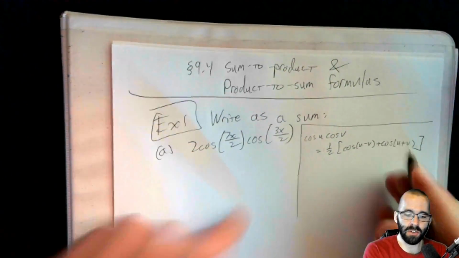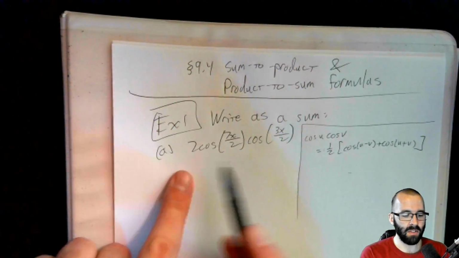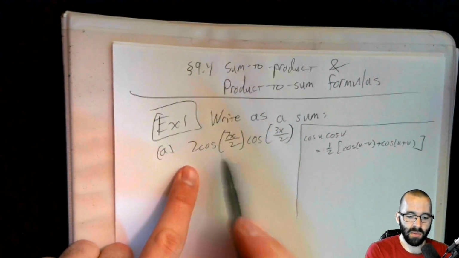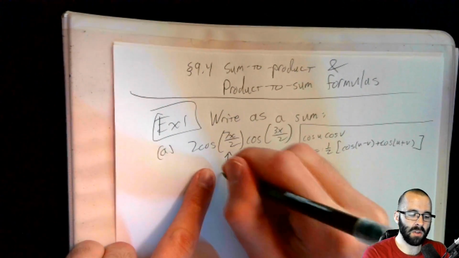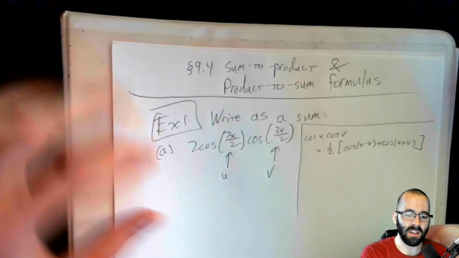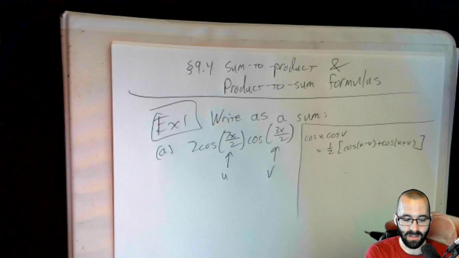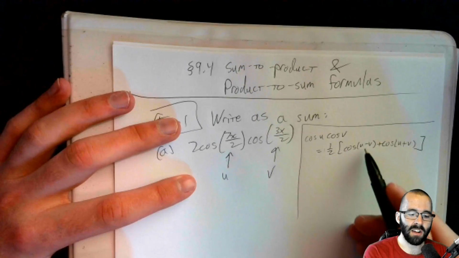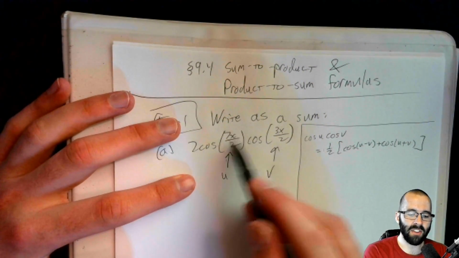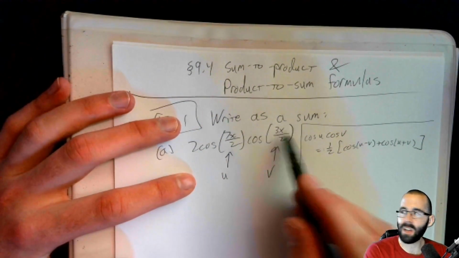It's really helpful to write this down on the side because this has some complications. This right here is our u. This right here is our v. Technically, it doesn't matter which one's which. Instead of writing u's and v's, u is 7x over 2 and v is 3x over 2.